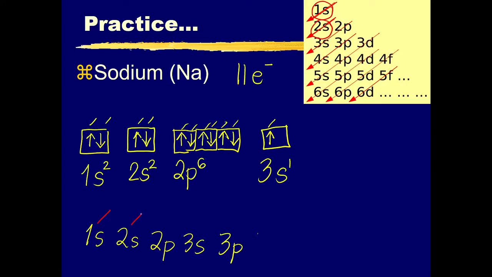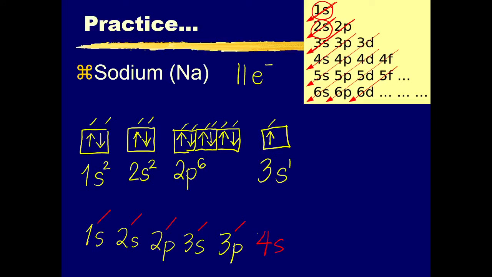The next arrow going down, 2p, then 3s. The next arrow, 3p, then 4s.